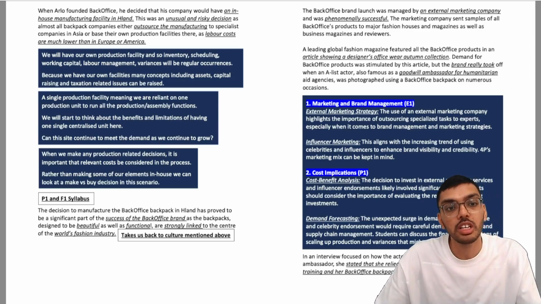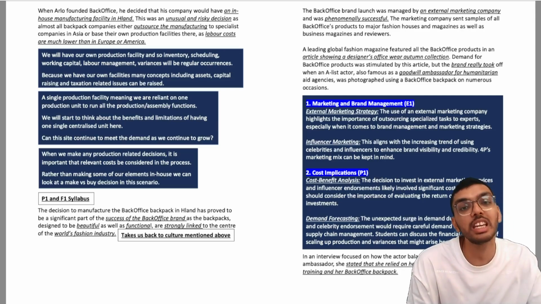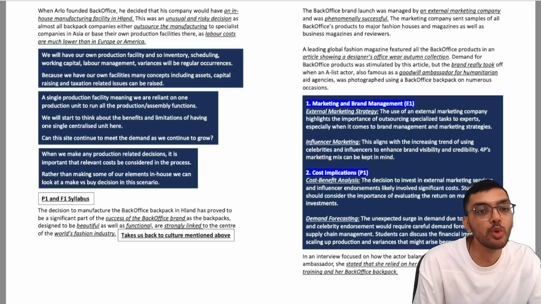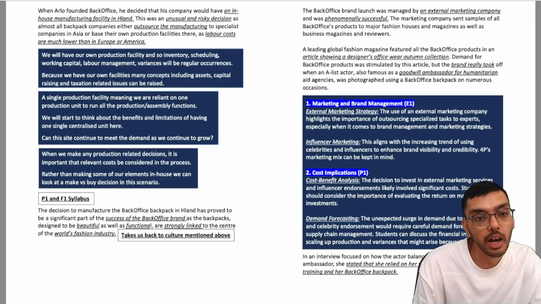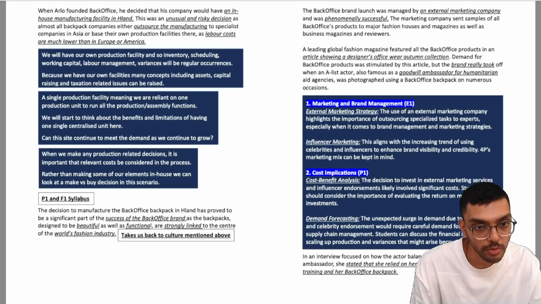So the decision to manufacture the BackOffice backpack in H-Land has proved to be a significant part of the success of the BackOffice brand, as the backpacks, designed to be beautiful as well as functional, are strongly linked to the center of the world's fashion industry.